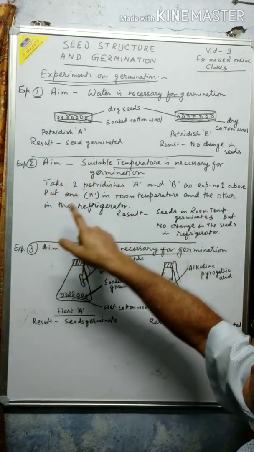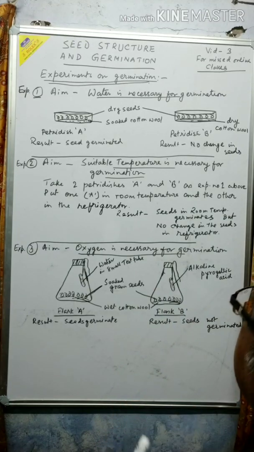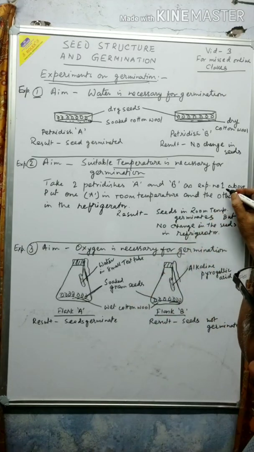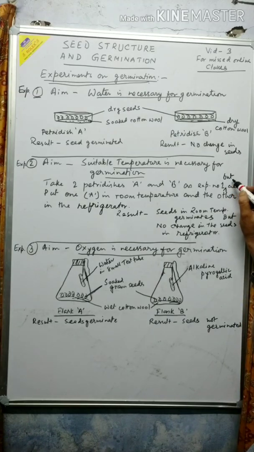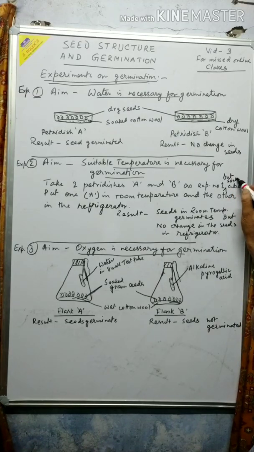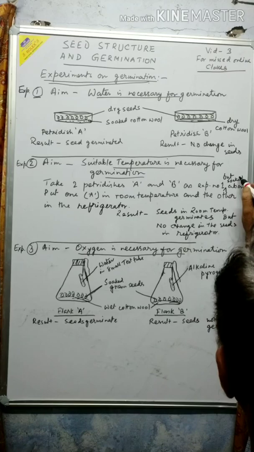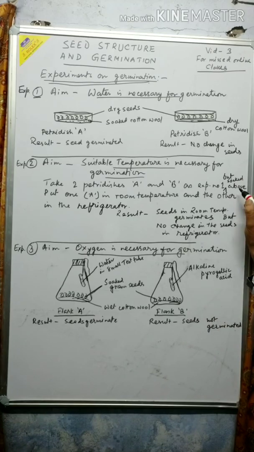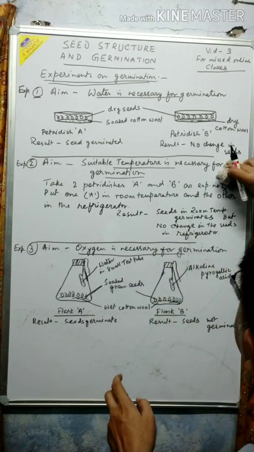But remember, petri dish A and B, same as experiment number 1, but soaked cotton wool should be present in both.